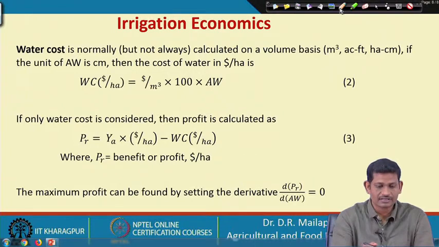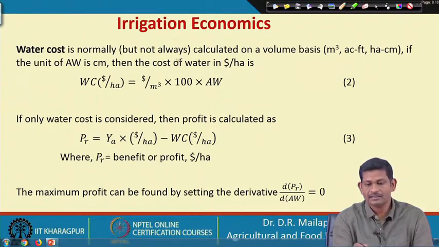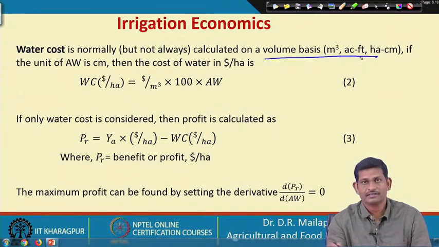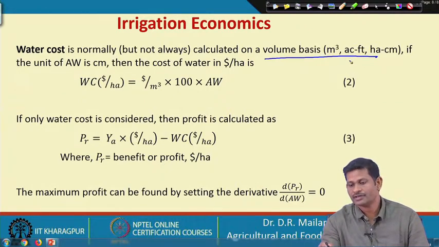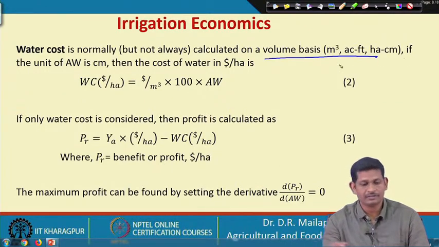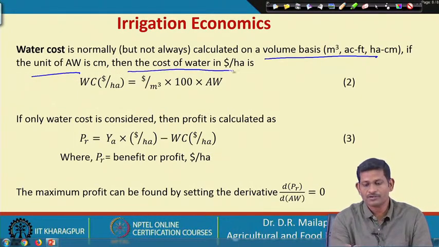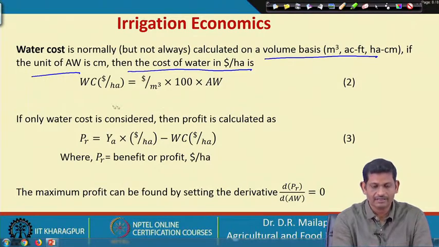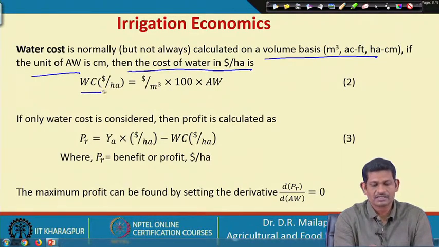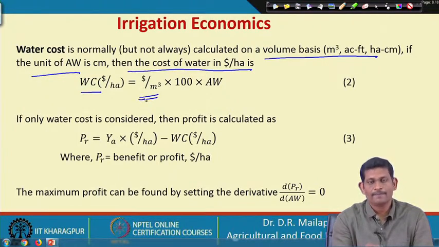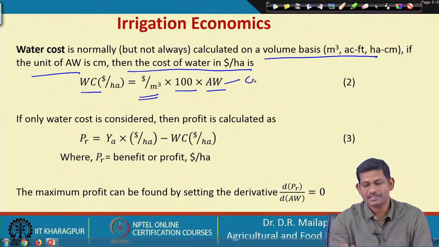Irrigation water cost is normally calculated on a volume basis, that is meter cube, acre foot or hectare centimeter. If the unit of applied water is centimeter, then the water cost in dollars per hectare is equal to the cost of water in dollars times 100 times AWE, in centimeters.